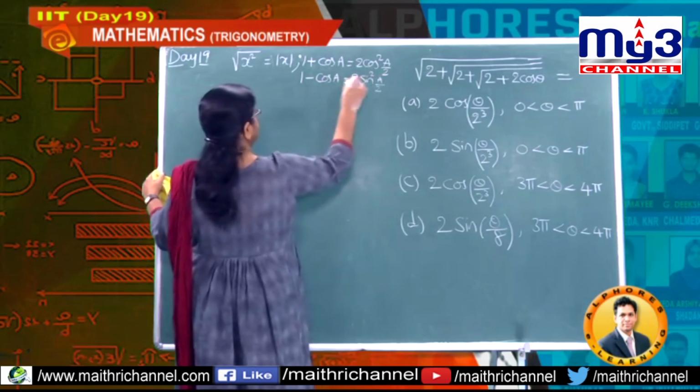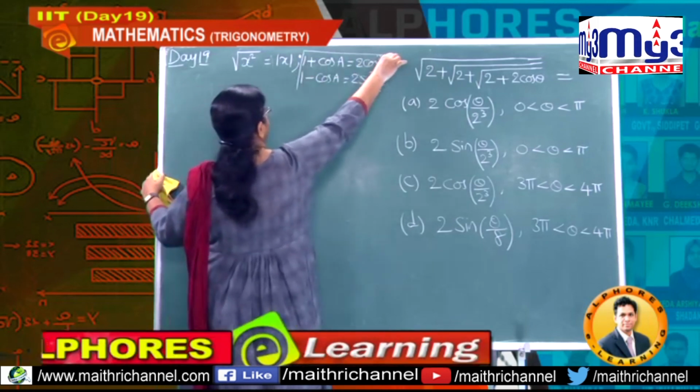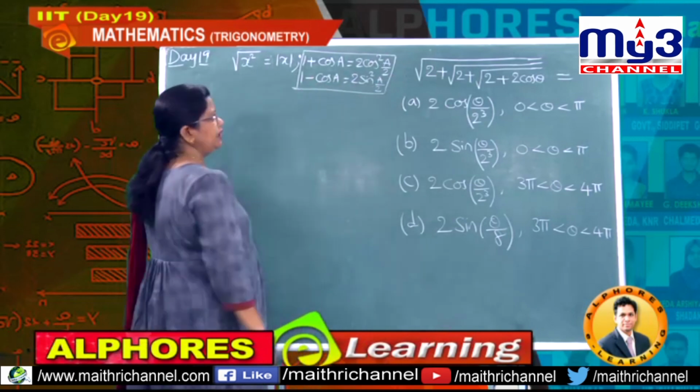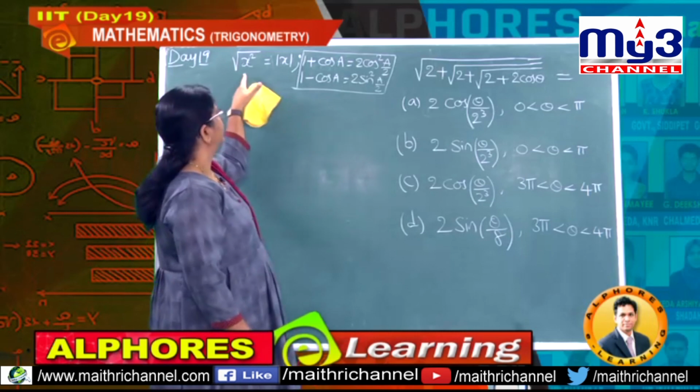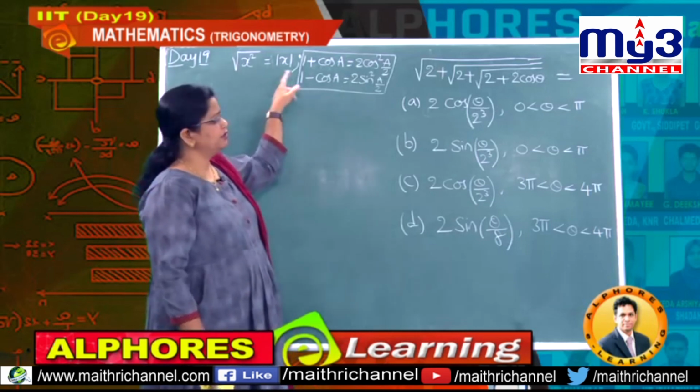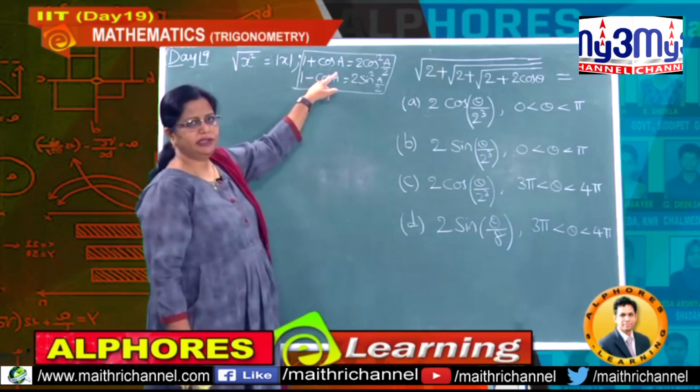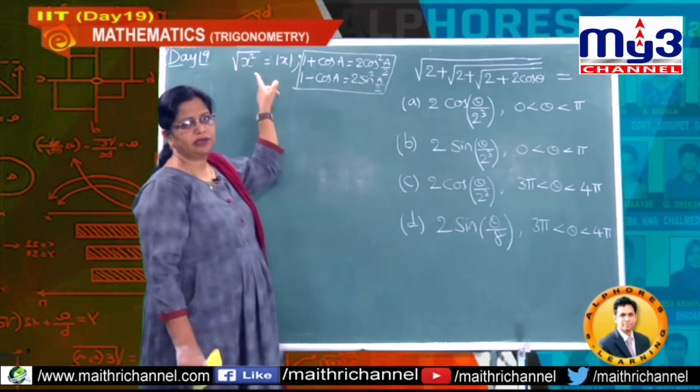Understand students? We discussed these in the concept of multiple and submultiple angles. Basing on this you are going to solve. So these are the two main concepts to solve this problem: one is this formula and the other one is this concept.